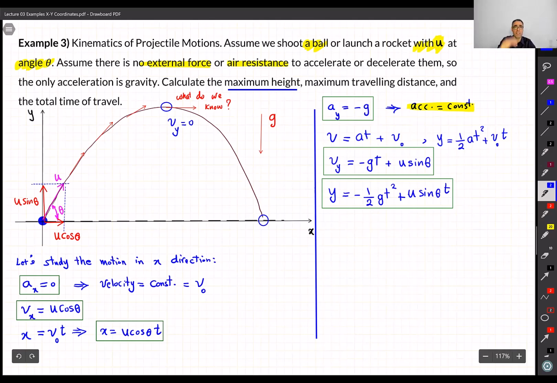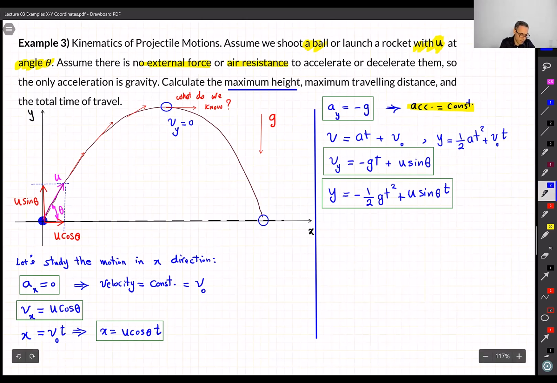We don't have anything in the y direction because this ball is not going any further up. Right after this point, it's just going to start coming down. Right before this point, it was going up, but now it's coming down. So at this point, there is no acceleration in y. And you can see from geometry, the velocity is horizontal.